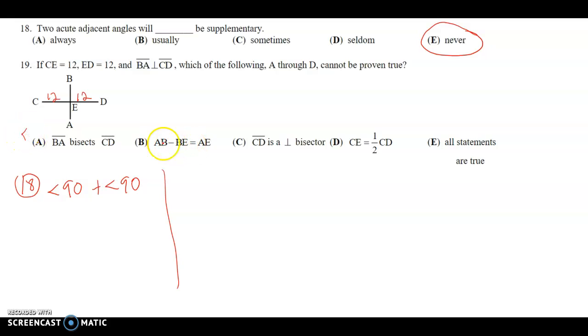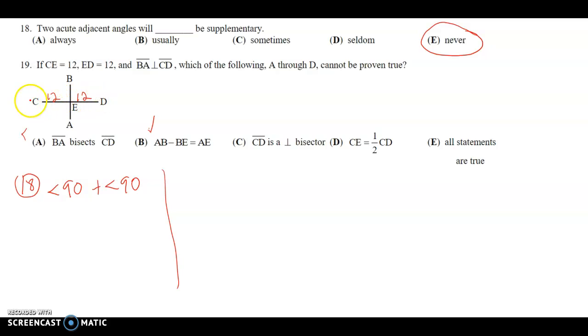AB minus BE, let's look at that. Well, that's a line segment, so we have the addition of line segments. So that must be true. CD is a perpendicular bisector.